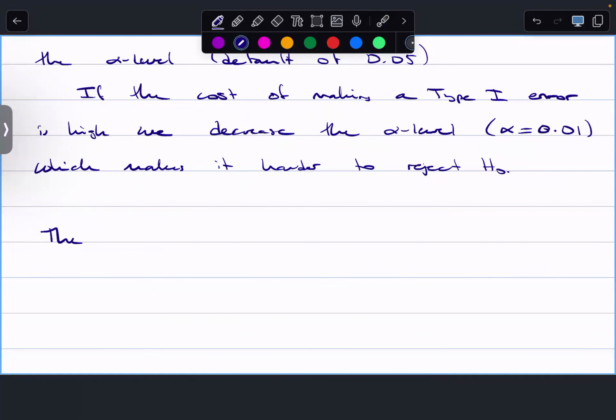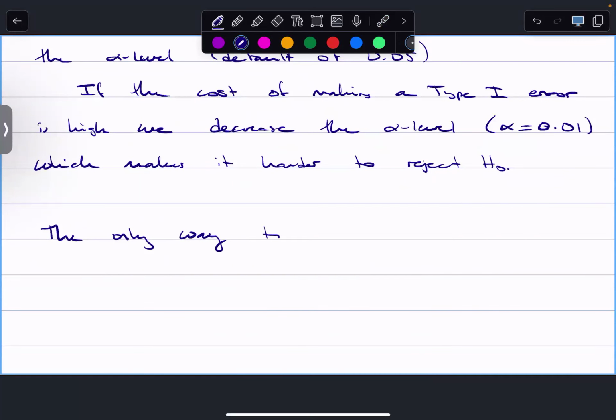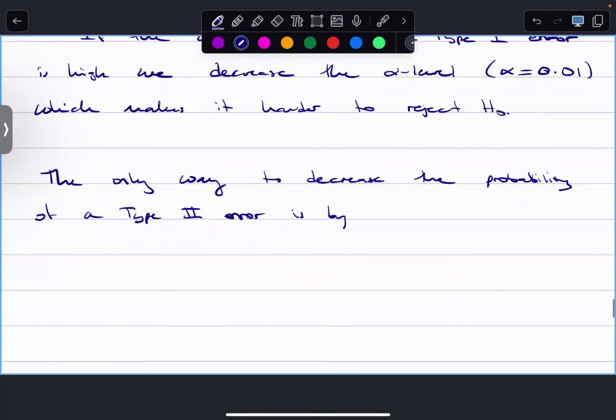I guess I shouldn't say only way, because I'm sure there's another way, but for us, let's say the only way to decrease the probability of a type 2 error is by increasing the sample size.